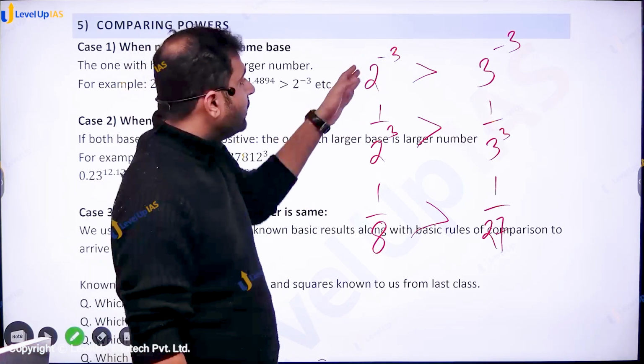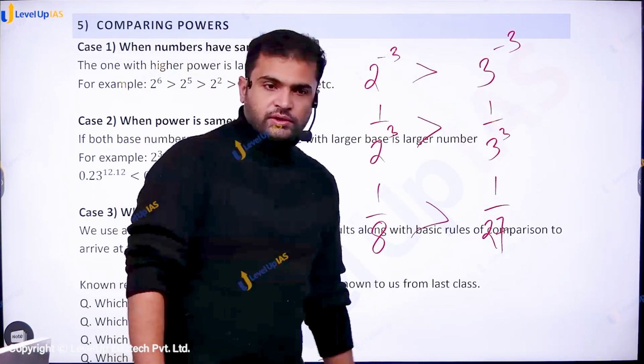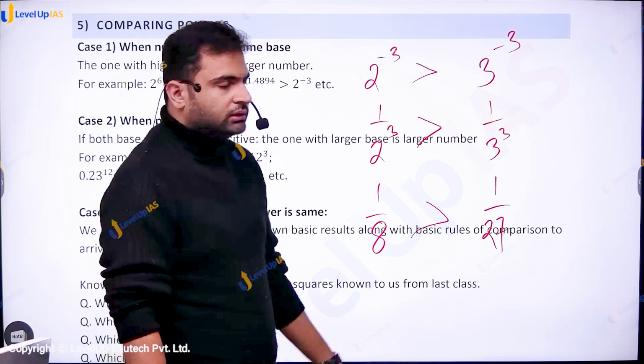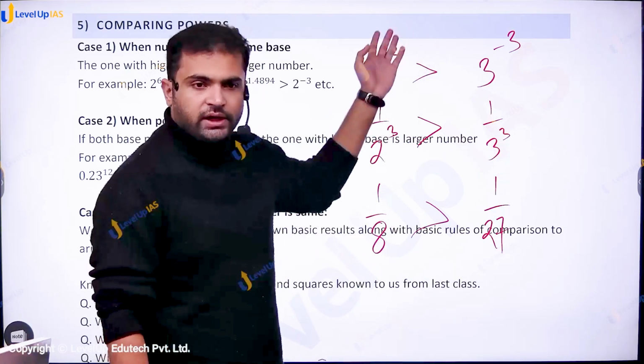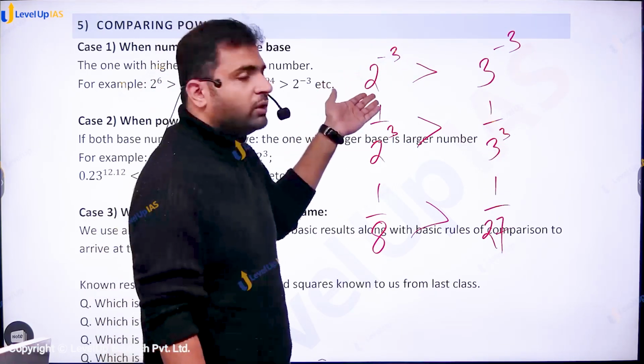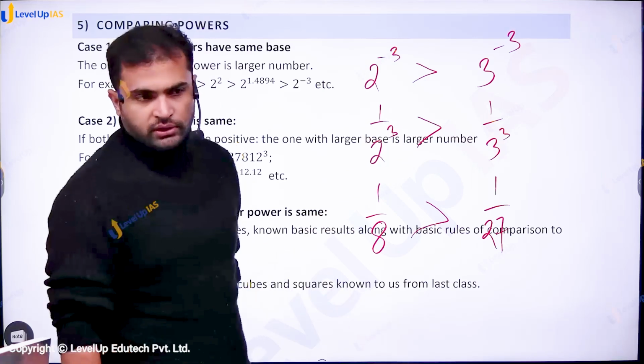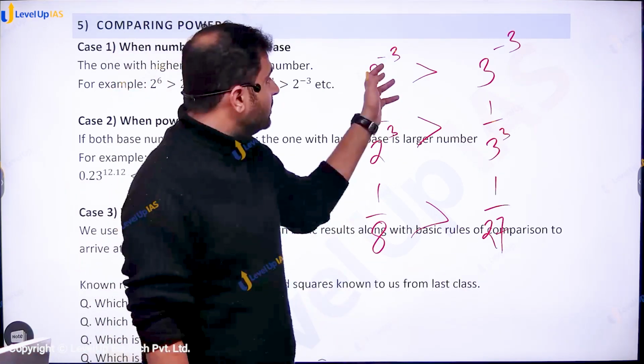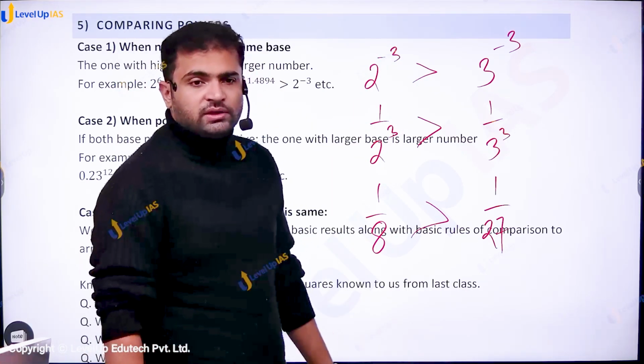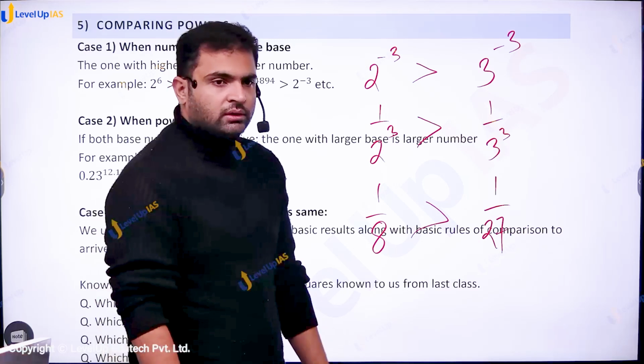So what I am trying to say is, if we are taking negative powers, if the power is the same and we are taking a negative power, then the smaller the base, the higher the number. Why? Because a negative power is nothing but 1 upon a positive power.